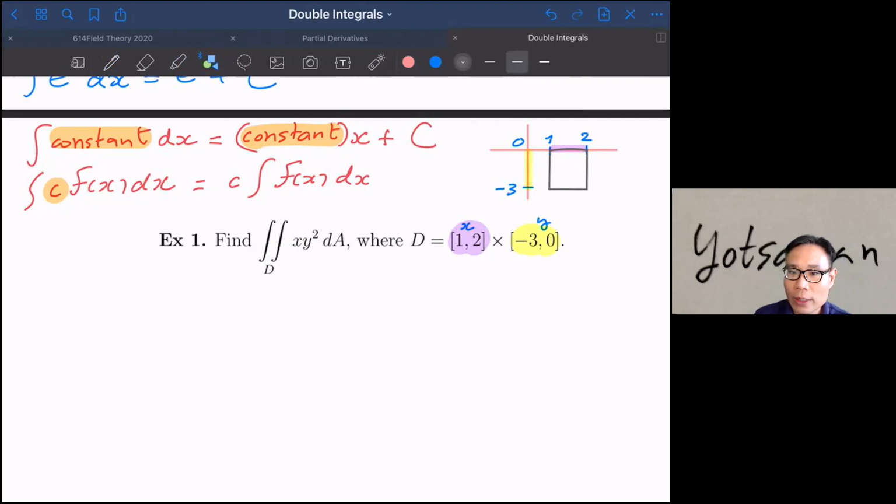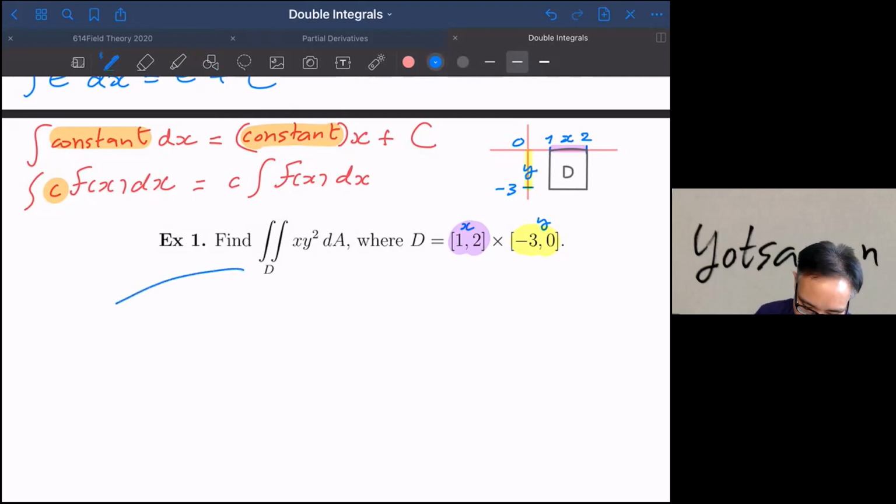Okay, so it's going to be this rectangle D that you have here. You see that x is between 1 and 2, and y is between -3 and 0.